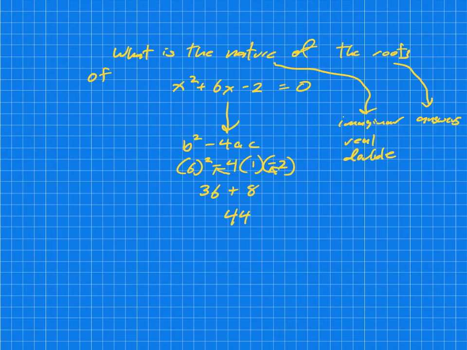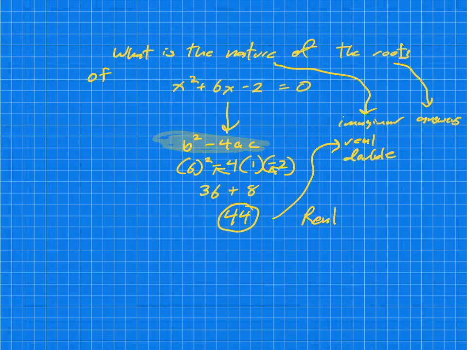Anyway, because this number is positive, we know that the answers will be real. If it were negative, we would say imaginary. If it was a 0, we would say double. So this is it. It's just that, and it's almost problematic because it's so simple. But the discriminant, which allows us to determine the nature of the roots, is just this formula here.